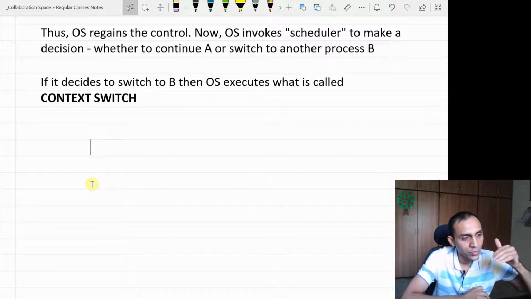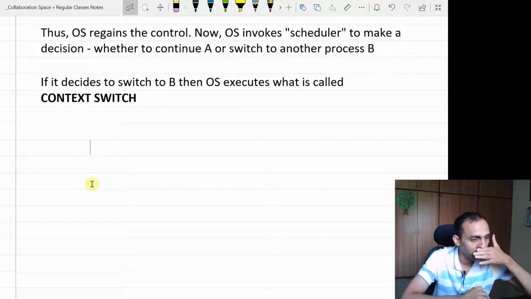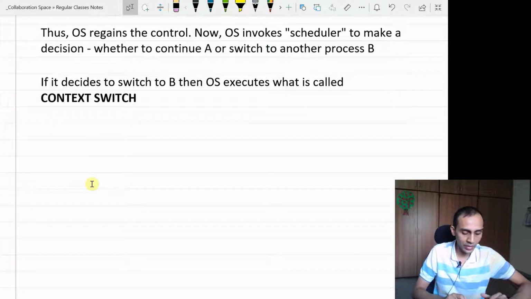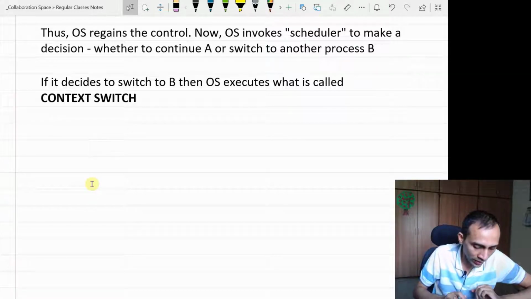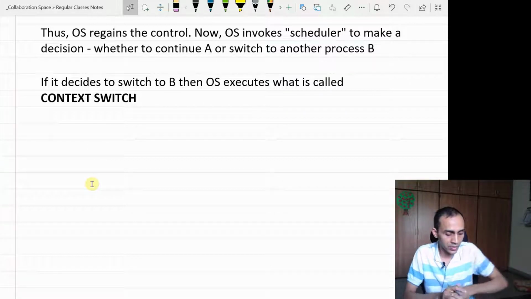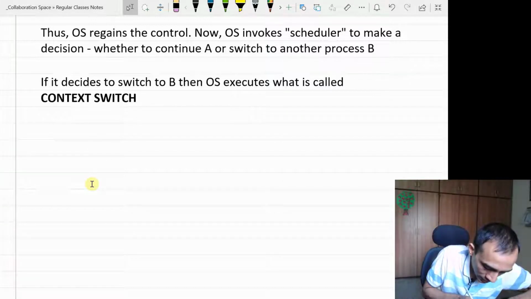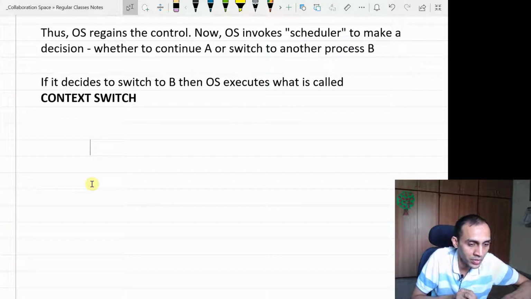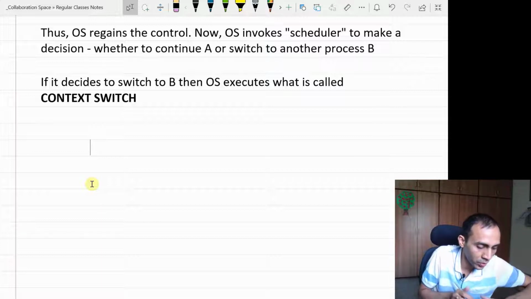But when it switches to another process, then something more has to be done, and that is basically called context switch. Whenever we use the term context switch, it basically means we are switching to another process. So in OS books, whenever you find this term, it implies that one process is paused and another process will begin. So the OS is going to switch between two processes.